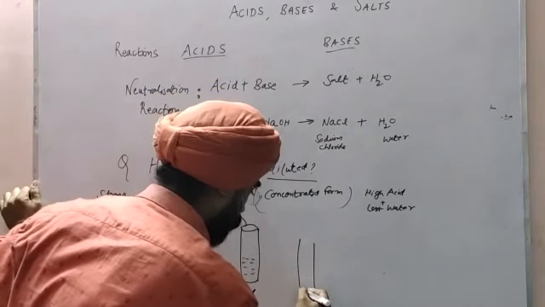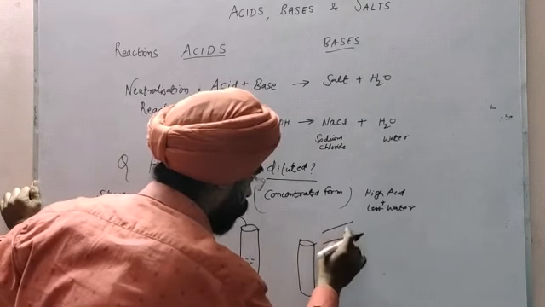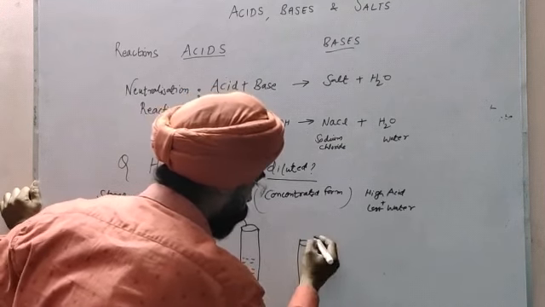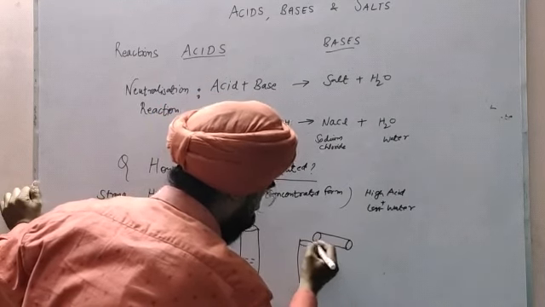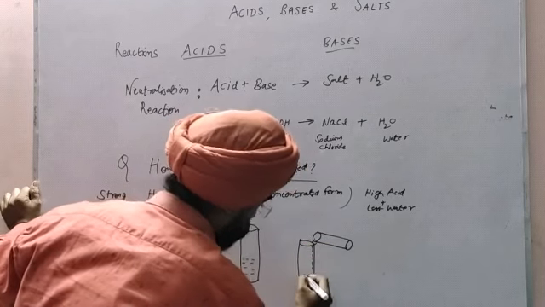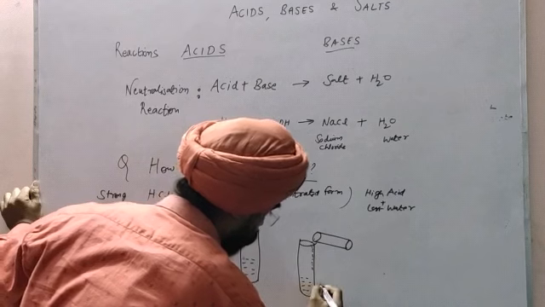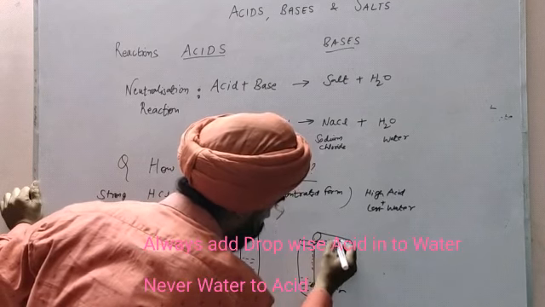It will remain straight, and the second test tube is just along the first test tube, and we have to add drop wise. This is again water, and here comes the acid.